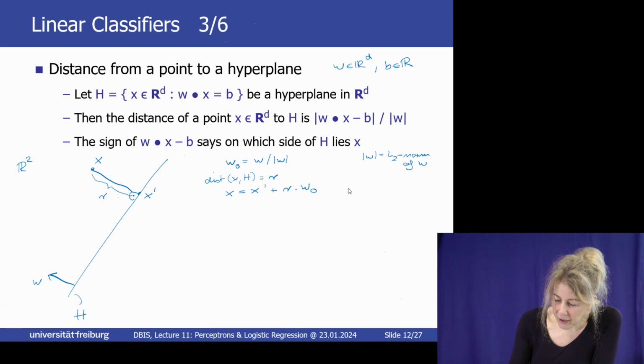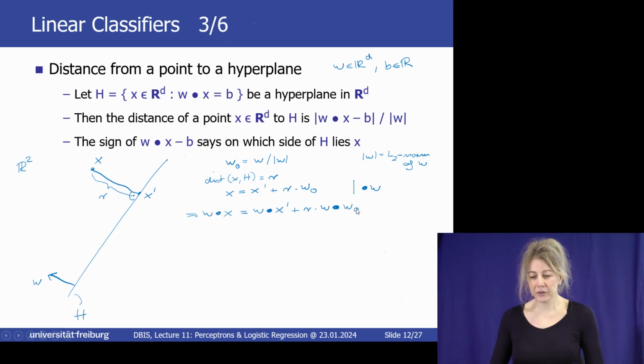What could we do? Let's multiply it with w on both sides. So this implies, if I multiply with w on both sides, I get this times this plus r times this. With a dot product, everything is linear, so you can pull normal multiplication in and out.